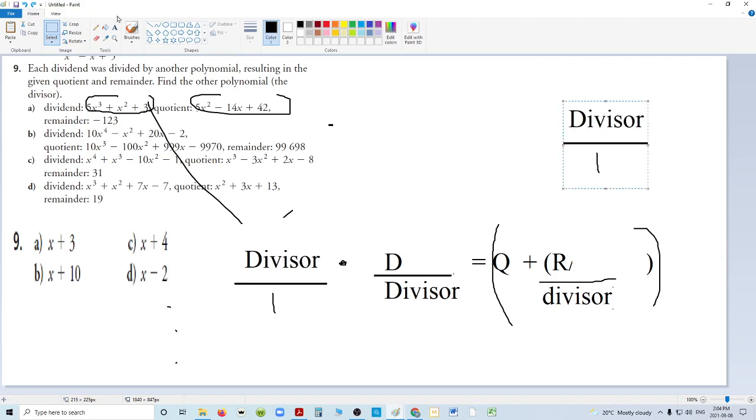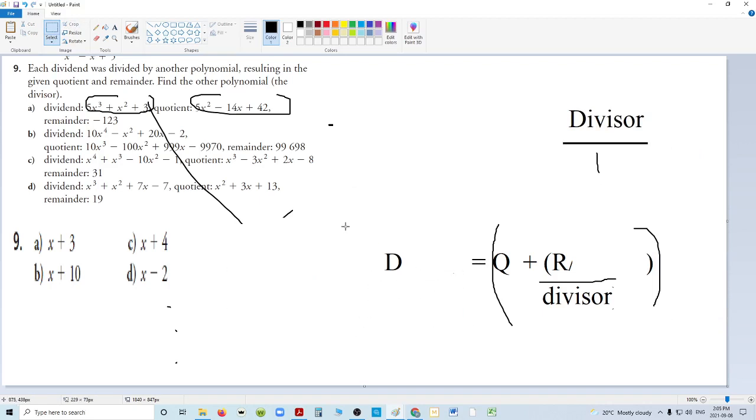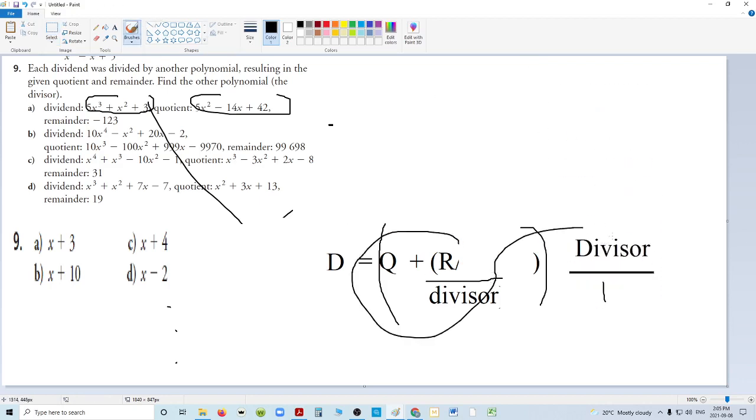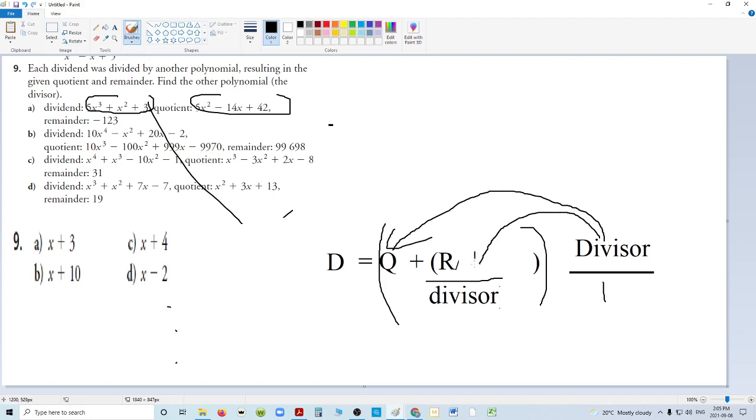Well, it's going to cancel out on this left side. I'm going to be left with my mysterious dividend, which is what my D stands for. But this entire bracket is going to be multiplied by divisor over 1. In order to solve for divisor, I have to resolve this. So let's multiply it through as we would any distributive function.